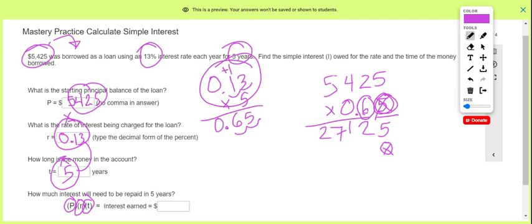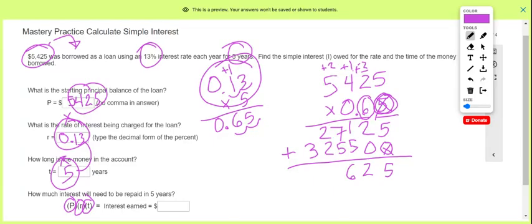Now we're multiplying the 6. 6 times 5 is 30. 6 times 2 is 12, plus 3 is 15. Carry the 1. 6 times 4 is 24, plus 1 is 25. Carry the 2. 6 times 5 is 30, plus 2 is 32. Now we're going to add up these two rows down below. 5 plus nothing is 5. 2 plus 0 is 2. 7 plus 5 is going to give us 12.